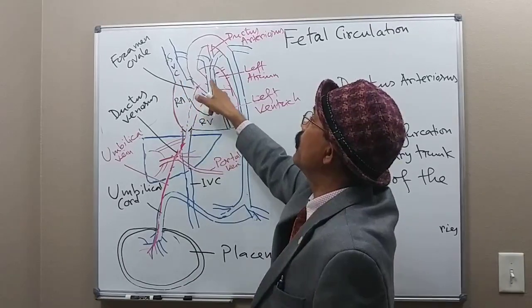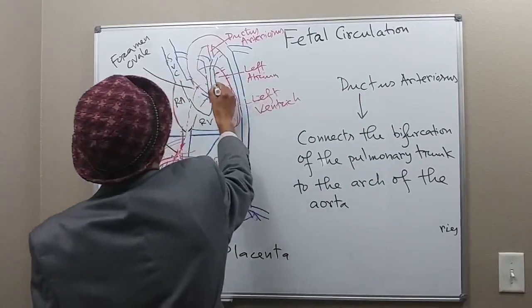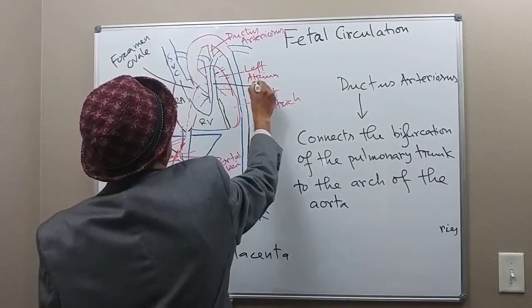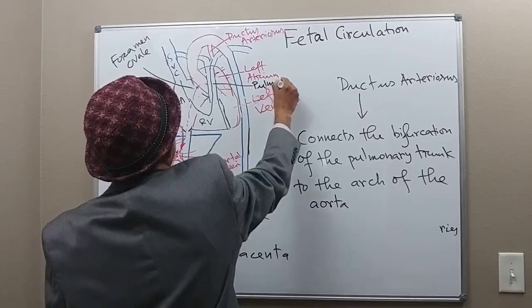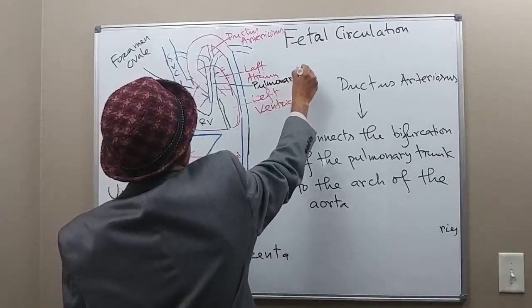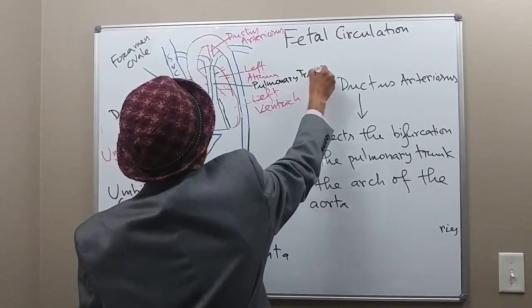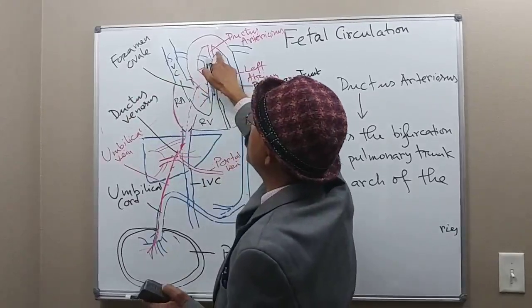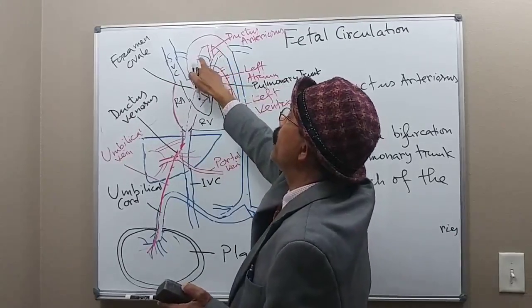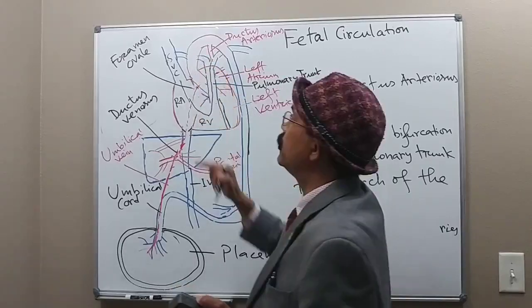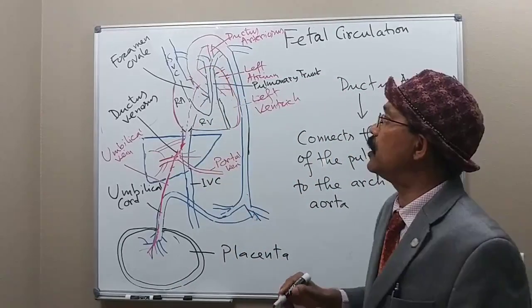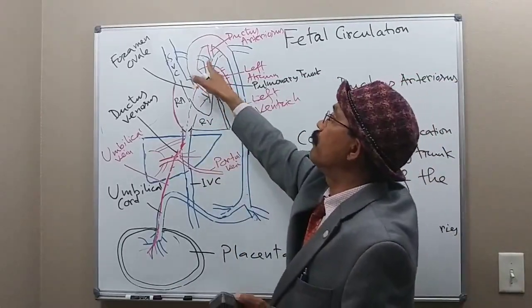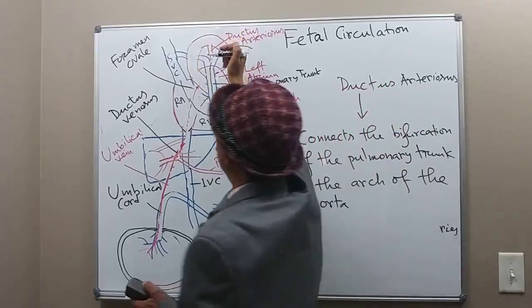From the right ventricle, we have the pulmonary trunk. From the pulmonary trunk, we have two branches: the left pulmonary artery and the right pulmonary artery. At the bifurcation of the pulmonary trunk, there is a communication between the bifurcation and the arch of the aorta.